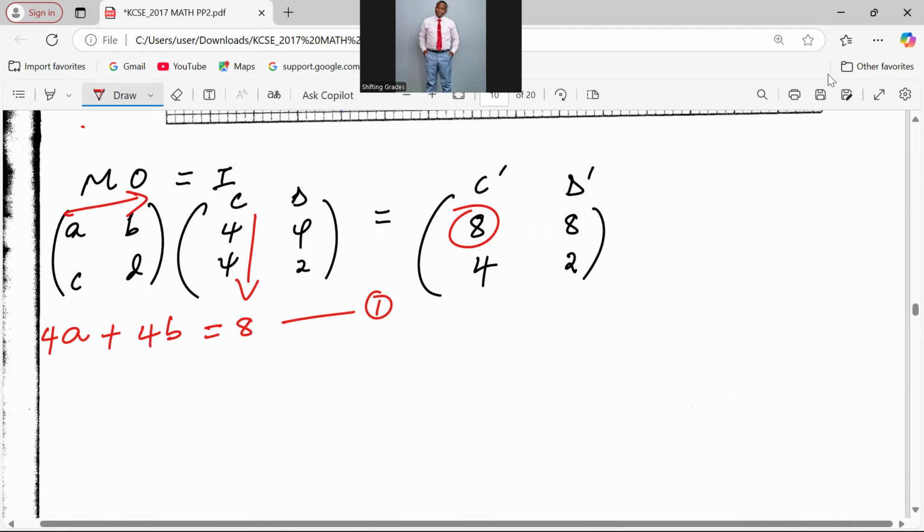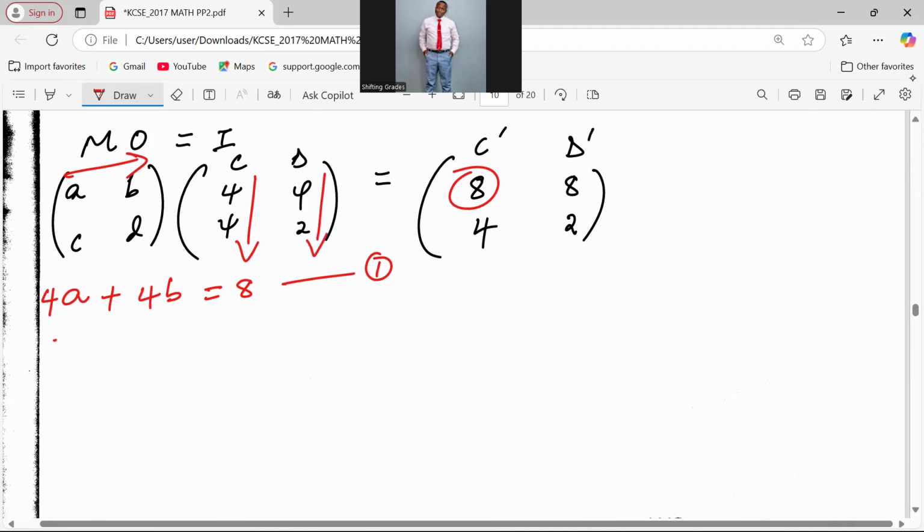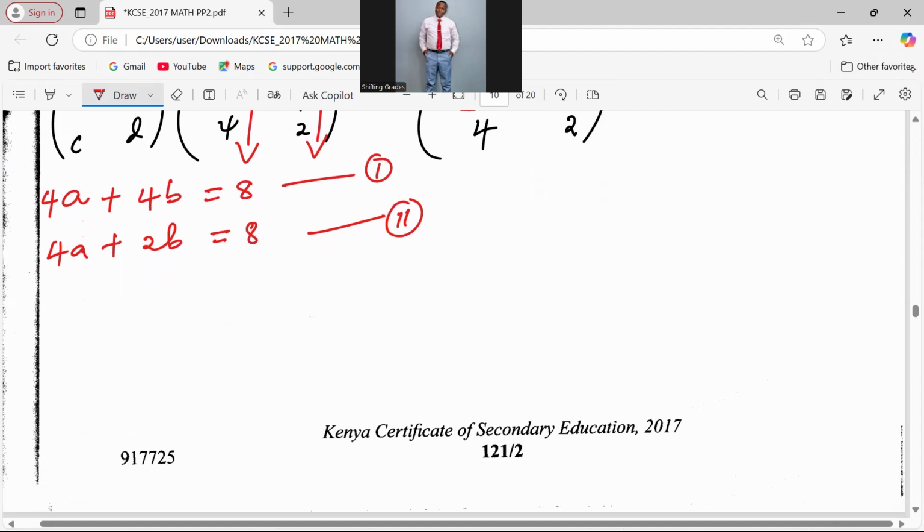Then we can also get another equation involving A and B, whereby we multiply by the next column, 4A plus 2B, which should give us the element at this point, which is still 8. So solving these two equations simultaneously will give us A and B. Let's solve by elimination, whereby 4A minus 4A is eliminated, and 4B minus 2B is 2B. This is equal to 0. So the value of B is 0.